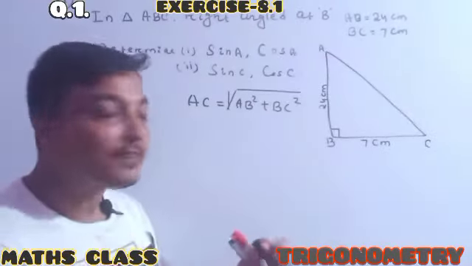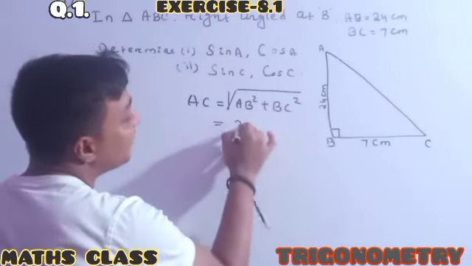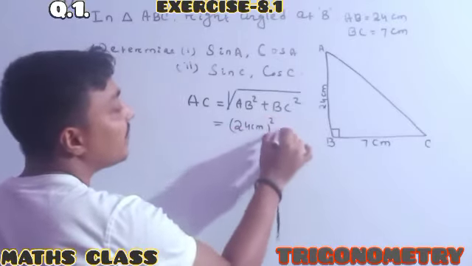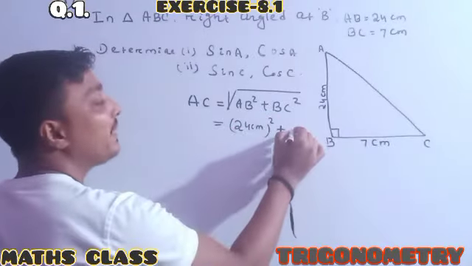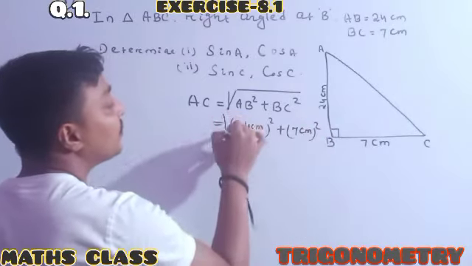Perfectly understood this step? AB square means 24 centimeter its square, and BC square means 7 centimeter its square, all under the root.